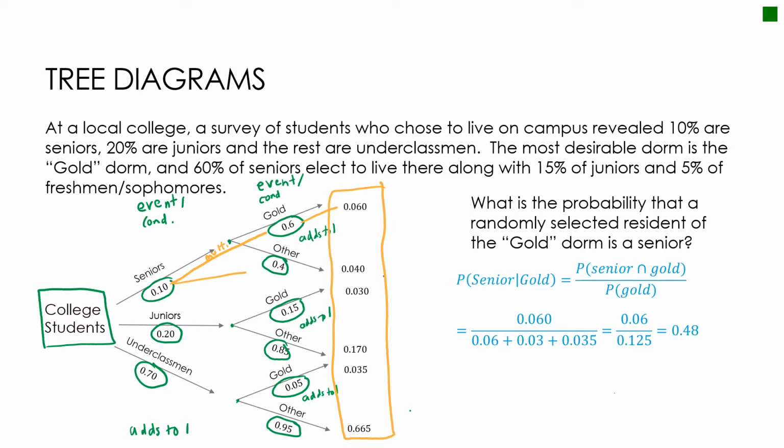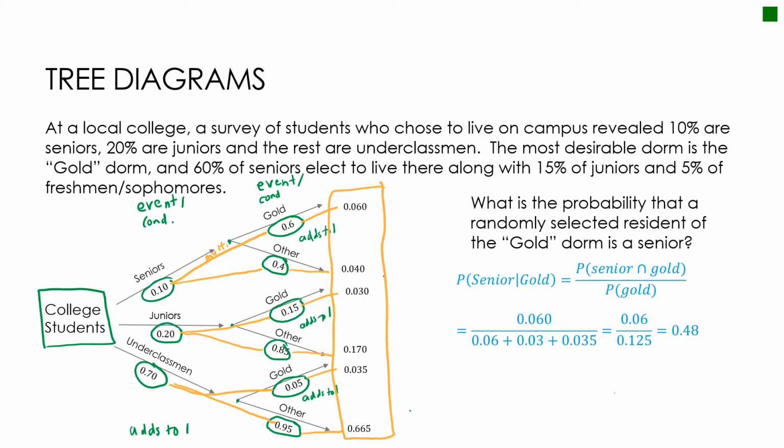This one is 0.1 times 0.4, which gives me 0.04. So all I'm doing is multiplying along the branches. 0.2 times 0.15 is 0.03. 0.2 times 0.85 is 0.17. 0.7 times 0.05 is 0.035. 0.7 times 0.95 is 0.665.